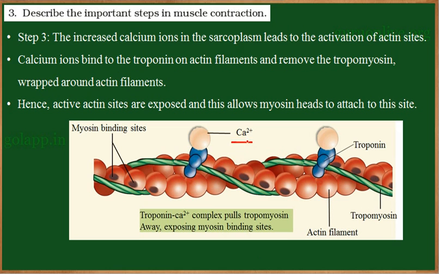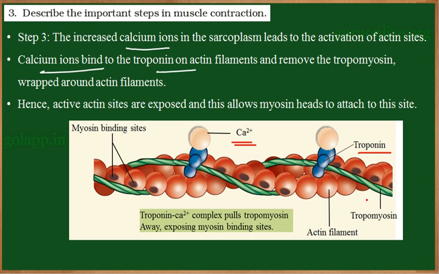Now these calcium ions bind to a specific protein on the actin filament. The protein is troponin. So when the calcium ions bind to troponin on the actin filament, this binding initiates the removal of the myosin binding site cover on the actin filament.